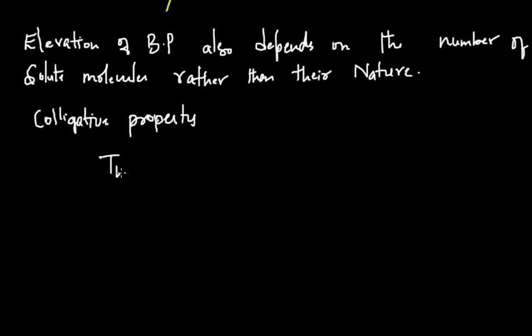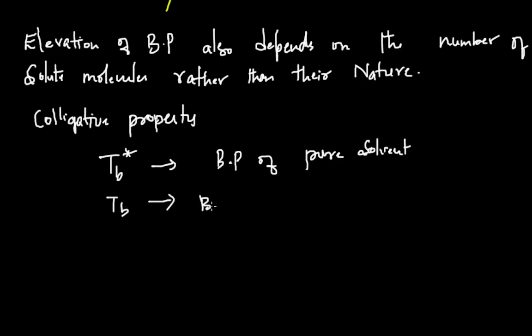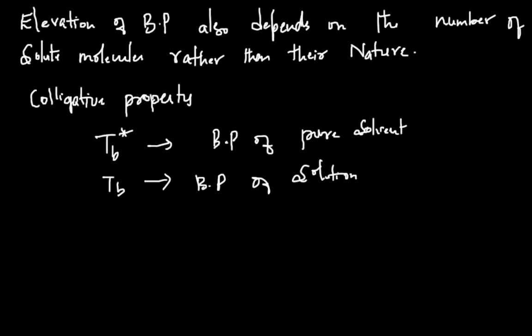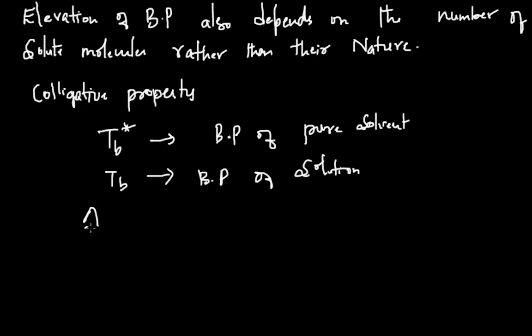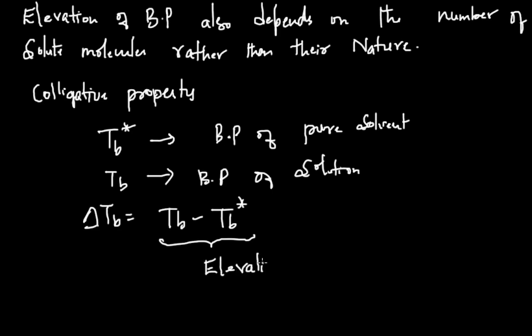If TB star is the boiling point of your solvent and TB is the boiling point of the solution, your delta TB is the elevation of boiling point.